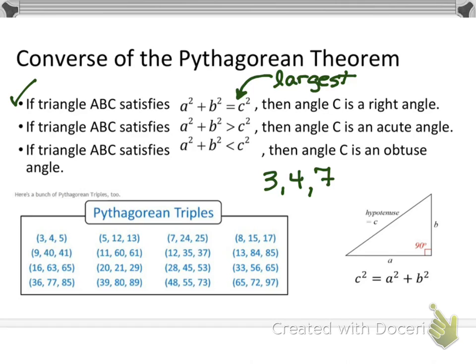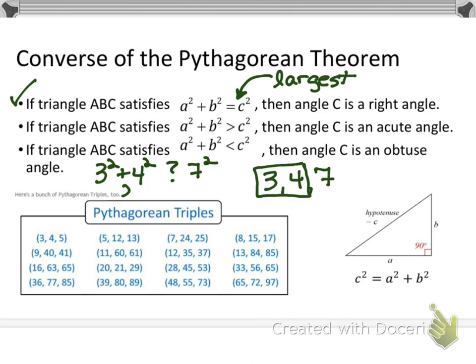So what I do is I take the 2 smallest sides, which are 3 and 4, and I square them. So 3 squared plus 4 squared. Instead of saying equals, I'm going to put a big old question mark here. Then I'm going to say 7 squared. So 3 squared is 9. 4 squared is 16. 9 plus 16 is 25.